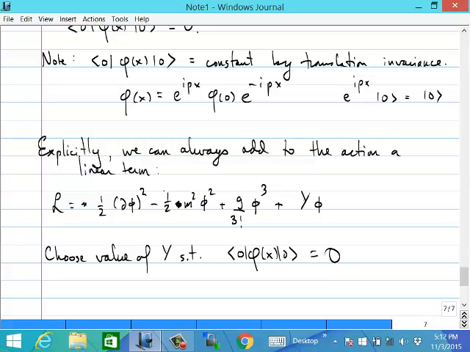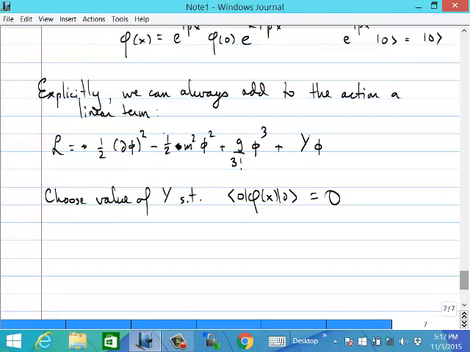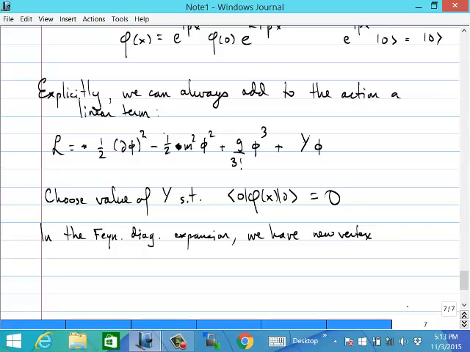So what does that mean from a practical point of view? That means that in the Feynman diagram expansion, we now have a new vertex coming from this new interaction term that is linear in phi.